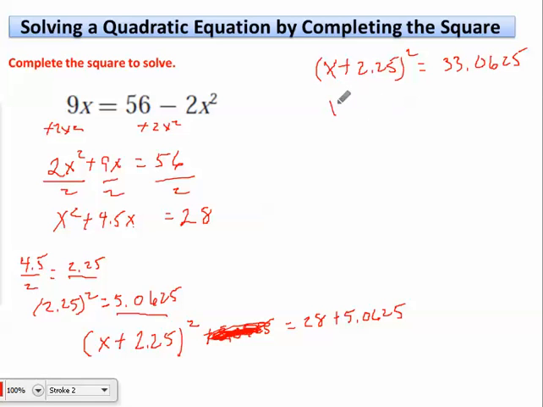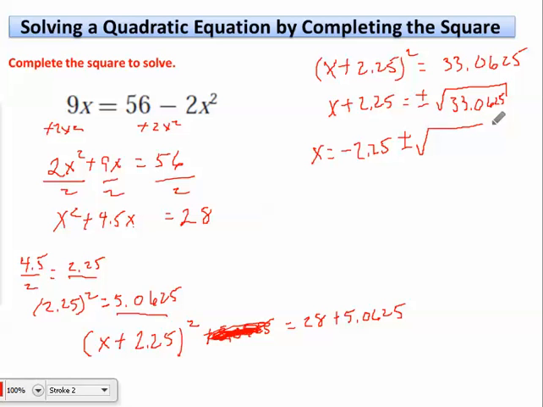So I'm going to have x plus 2.25 is equal to plus or minus the square root of 33.0625. Subtracting that, I get x is equal to minus 2.25 plus or minus the square root of 33.0625.